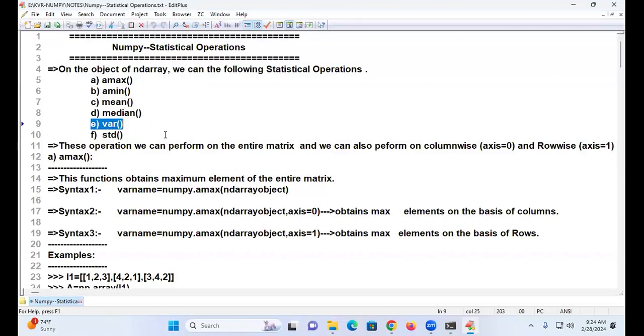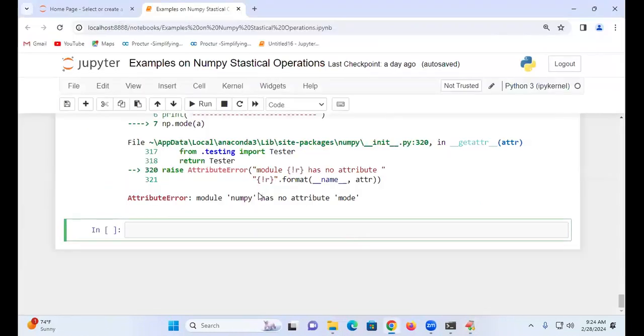So for the variance, first do the problem. I'll tell you the problem and next we'll go for the description. I'll take a matrix. You can take any matrix, students, 2 by 2 matrix, 3 by 3 matrix, and you can perform the operation called variance. Import NumPy as NP.